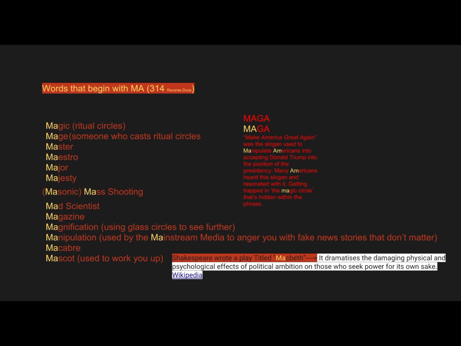And I believe in Macbeth, it wasn't just Macbeth who was psychologically affected and physically affected by his political ambition. People died because of it.